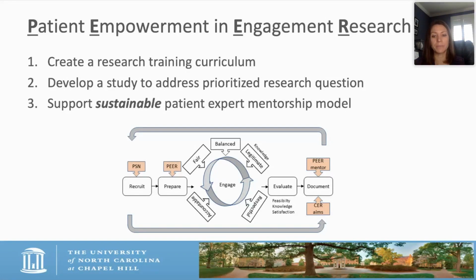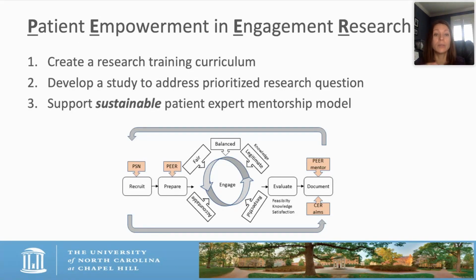And what we did was we created mentorship with other engaged patients. And we wanted to have a proof of concept where those patients with a research team could actually develop a set of valuable research questions and then have them answered, have them designed. And then the sustainable piece, and I'll just touch upon this, we decided to partner with industry. And that's a very valuable way to get some funding.